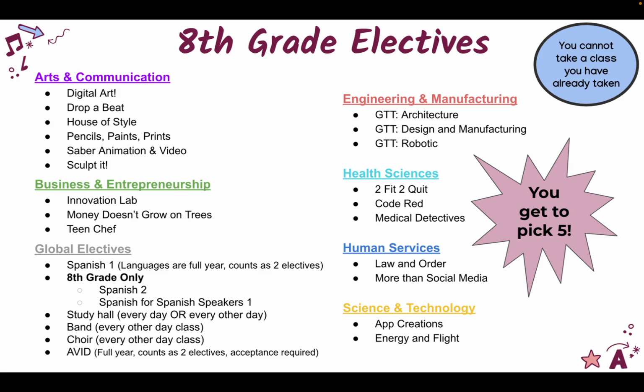If you're new to AVID, meaning you applied, interviewed, and were accepted, we will automatically enroll you in AVID as well. But please note, those do count as 2 of your 5 elective options because it is a full year class. You can read more about all of these classes in your registration guide that I will tell you about a little bit later.